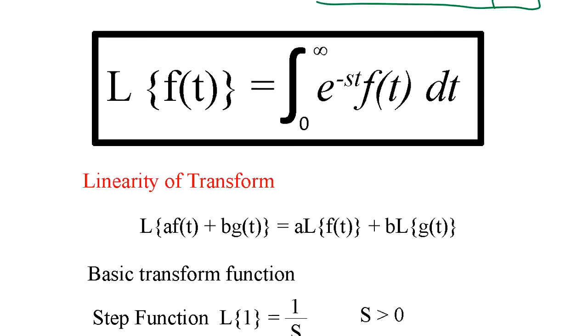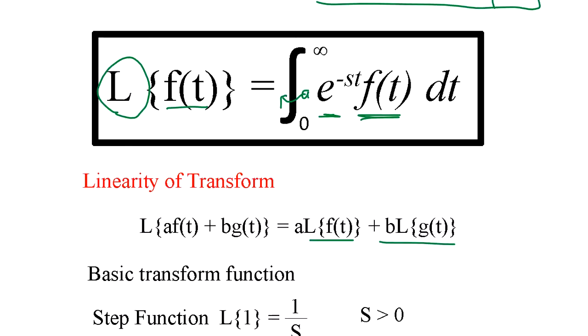So what is the transform? The Laplace transform of function f(t) is given by the integral form, f(t) times e to the negative st dt, and the linearity of the transform is very simple because you have a and b coming out, so we have linearity, right?